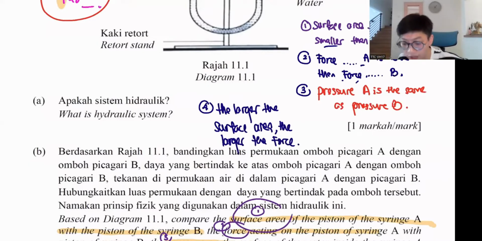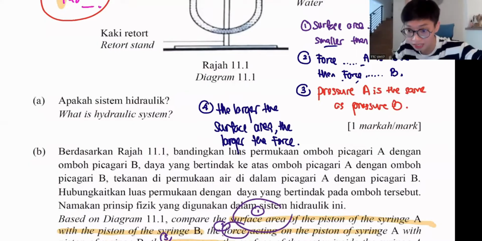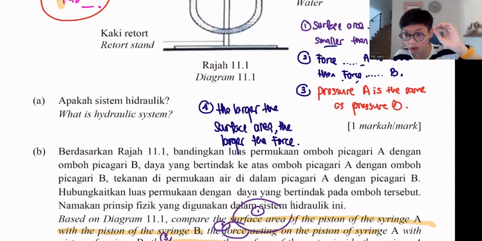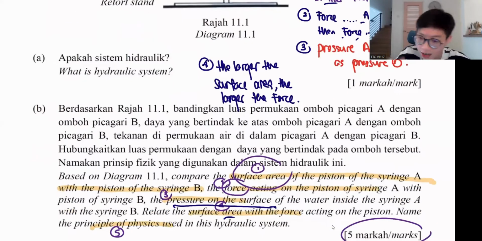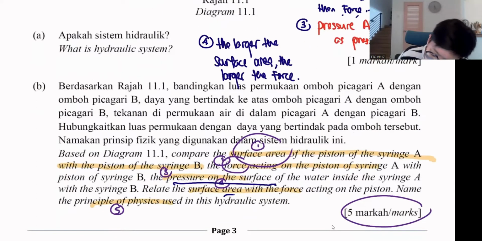Okay? You will see that these 5 marks, guys, are the simplest 5 marks in your exam paper. So if today you are, let's say, a 50 mark student, these 5 marks are your free marks. The greater the force, the larger the force, also okay.